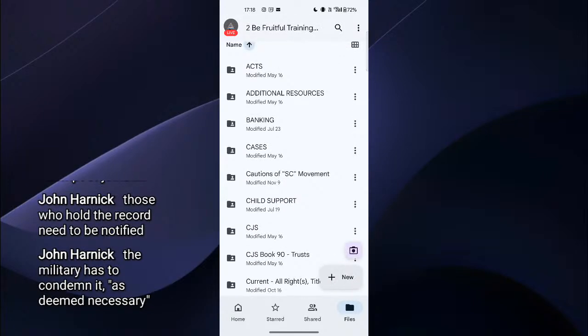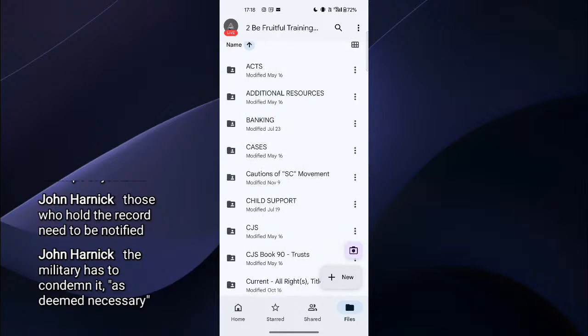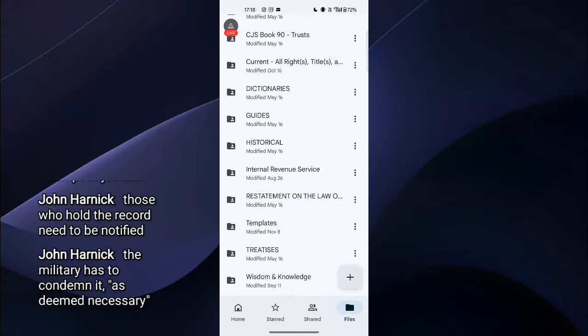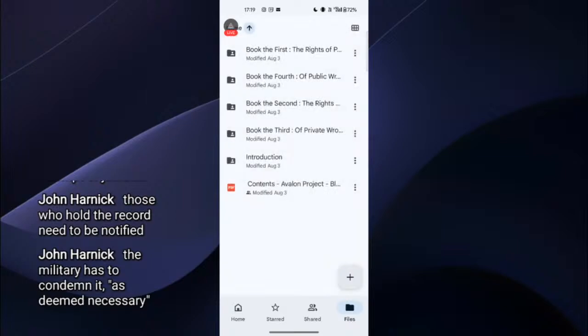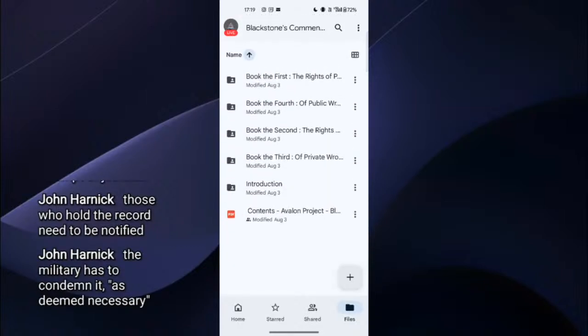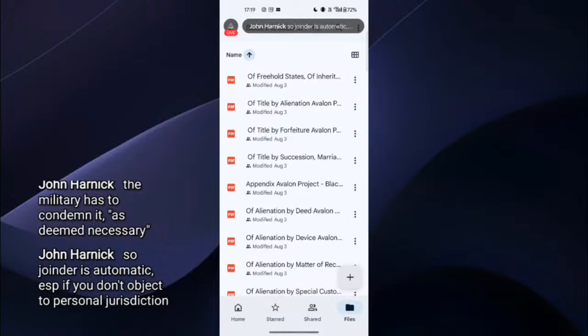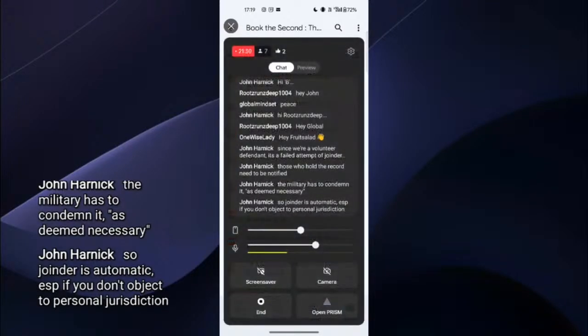Yeah, after 21 days, joinder becomes automatic because of condemnation.